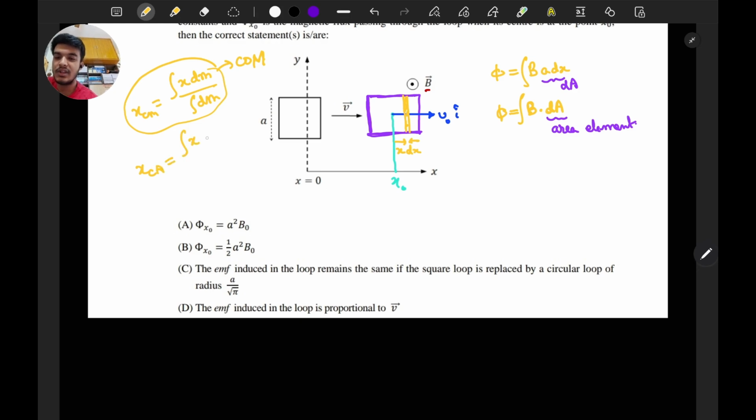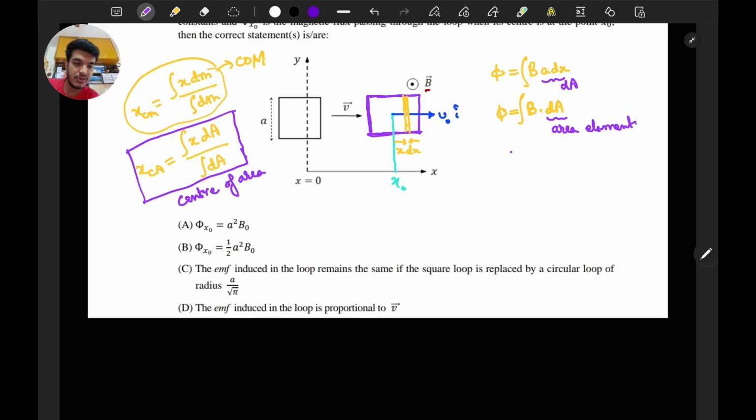This would obviously have the same expression as what you saw in the case of center of mass. This is very useful in many mechanics problems as well as in fluid problems, to calculate the force of water on the sides of vessels. This is called the center of area, right?